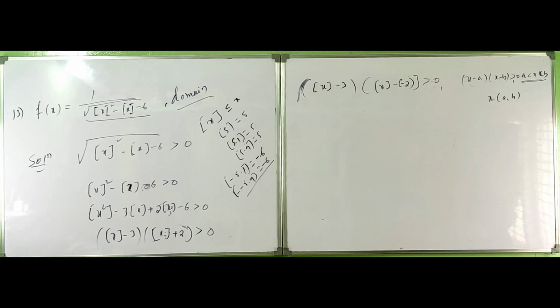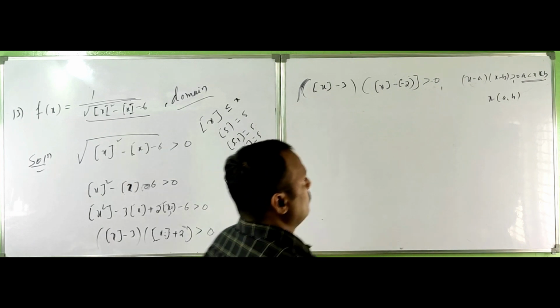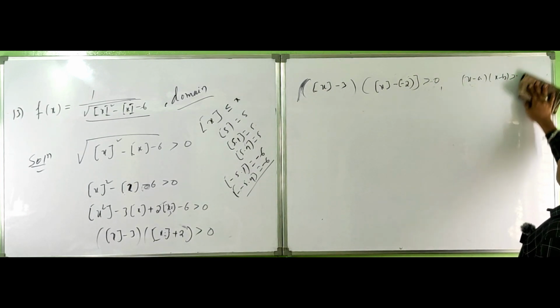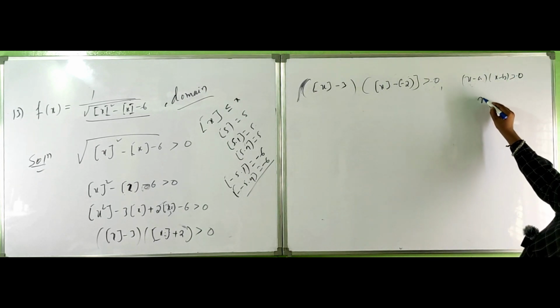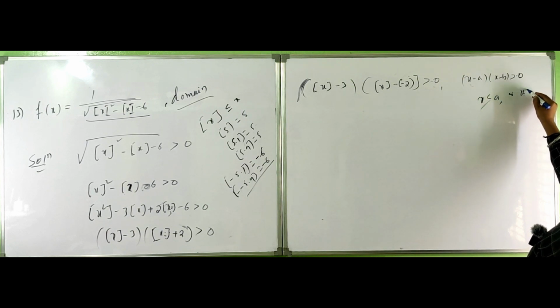For greater than 0 I have a different function. That is for the less than. Greater than 0 means x is less than or equal to a, or x is greater than or equal to b.